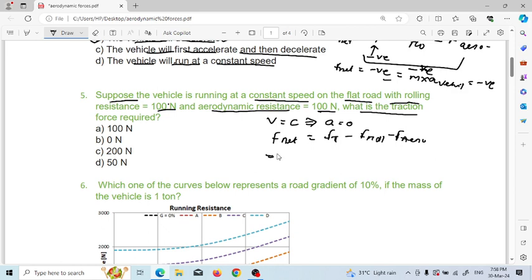F net equal to mass times acceleration is equal to F traction force minus 100 Newton rolling resistance minus 100 Newton aerodynamic resistance. As acceleration is equal to 0, it implies that F traction force is equal to 200 Newton. So option C will be the correct answer for question number 5.